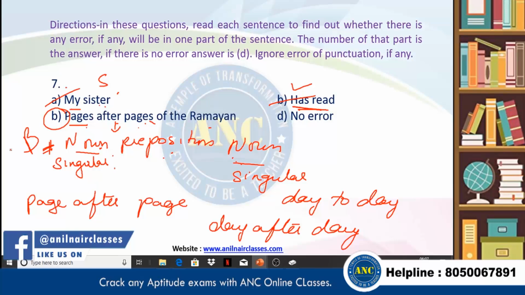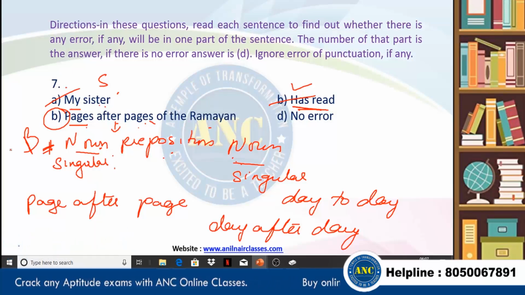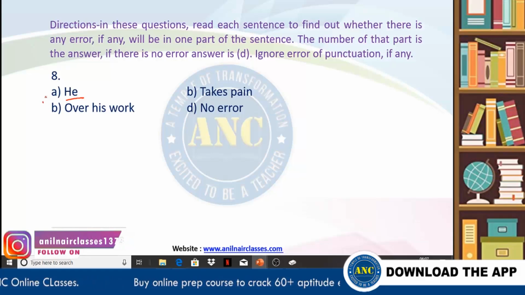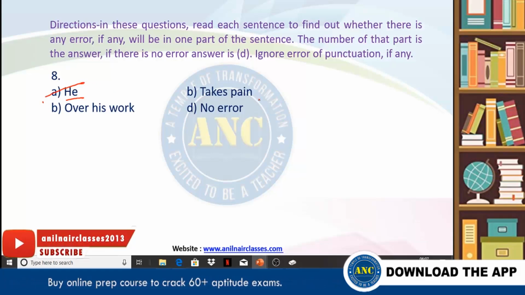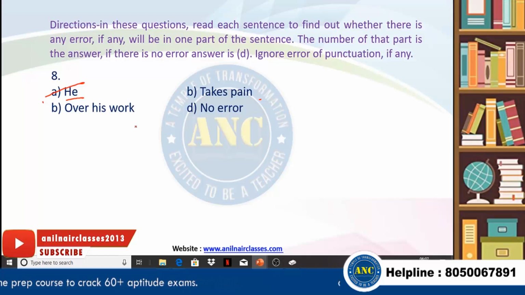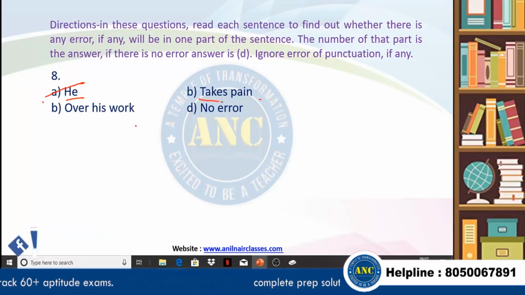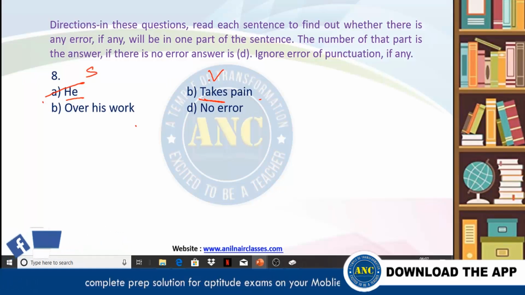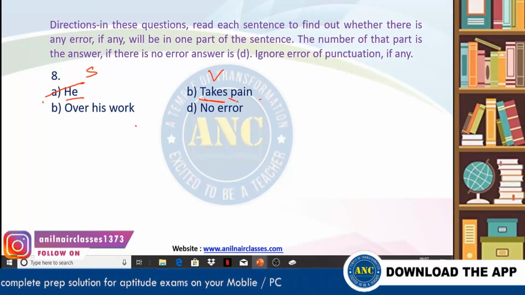Let me write B. Fine. Move ahead to the next question. Yes, we'll solve the 8th question. He, pronoun, that's fine. He takes pain over his work. Now who takes? He takes. Subject verb agreement is here. Fine, but he takes what? Pain.